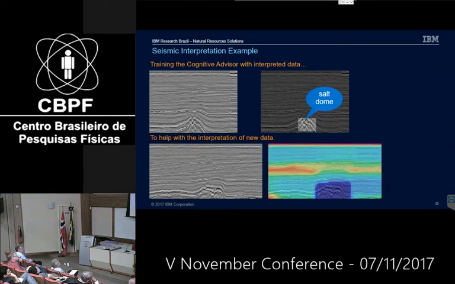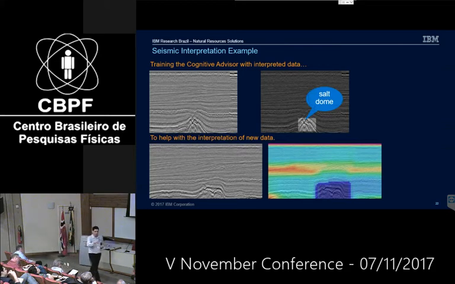With that, we can, for example, start with very simple tasks like recognizing one part of your seismic, saying what it is, and bringing more like that. Or if you have different information, for example an inversion for this part, I can bring it together and say, okay, that's for sure a salt dome because in my inversion I can see different patterns.